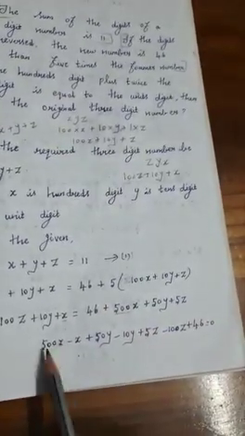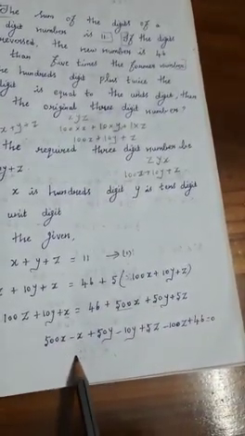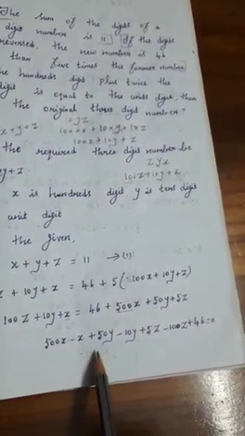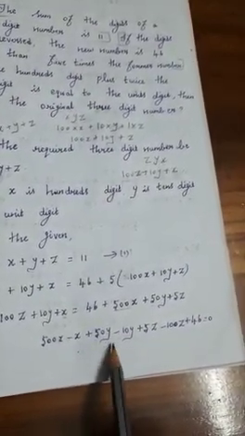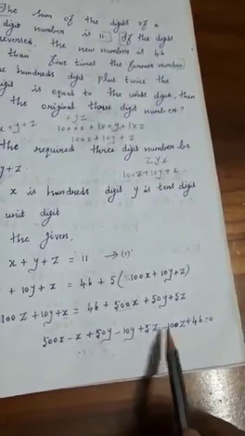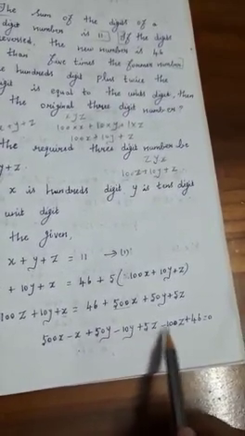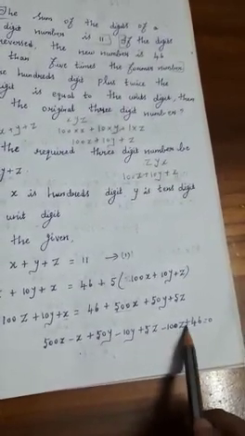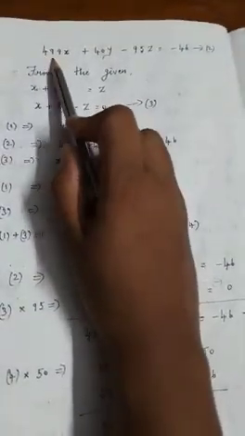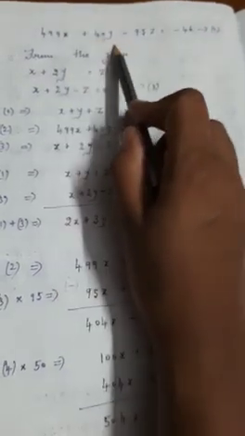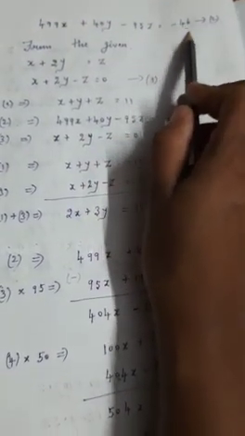Now 500x minus x is 499x, plus 50y minus 10y is 40y, plus 5z minus 100z is minus 95z. Plus 46, you can bring it to that side. So 499x plus 40y minus 95z is equal to minus 46.